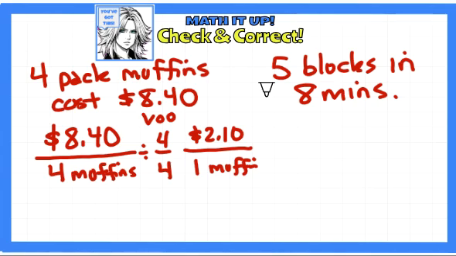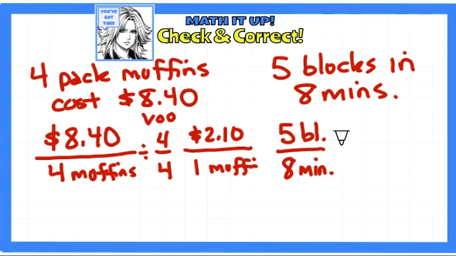And now we have somebody who has walked 5 blocks, we'll just abbreviate that, in 8 minutes. Right, you can probably already see what's going to happen here a little differently than our other problems. So I have to turn that 8 minutes into 1 minute to get that unit rate.